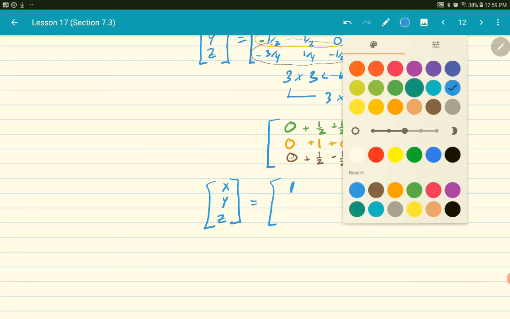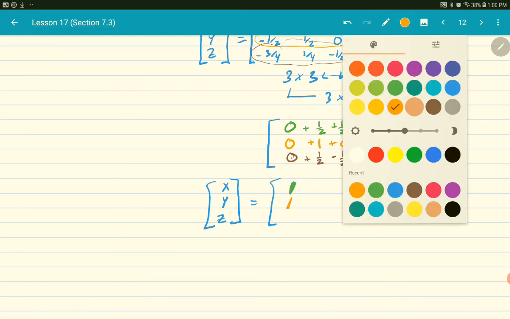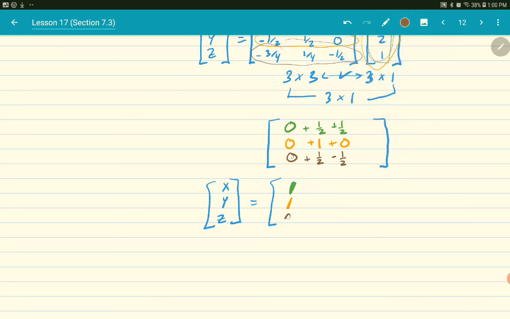And 0 plus 1 plus 0 gives me 1. And 0 plus 1/2 minus 1/2 gives me 0. So that gives me my solution matrix, which tells me that x equals 1, y equals 1, and z equals 0. So there's my solution, or I could write an ordered triple that says 1, 1, 0.